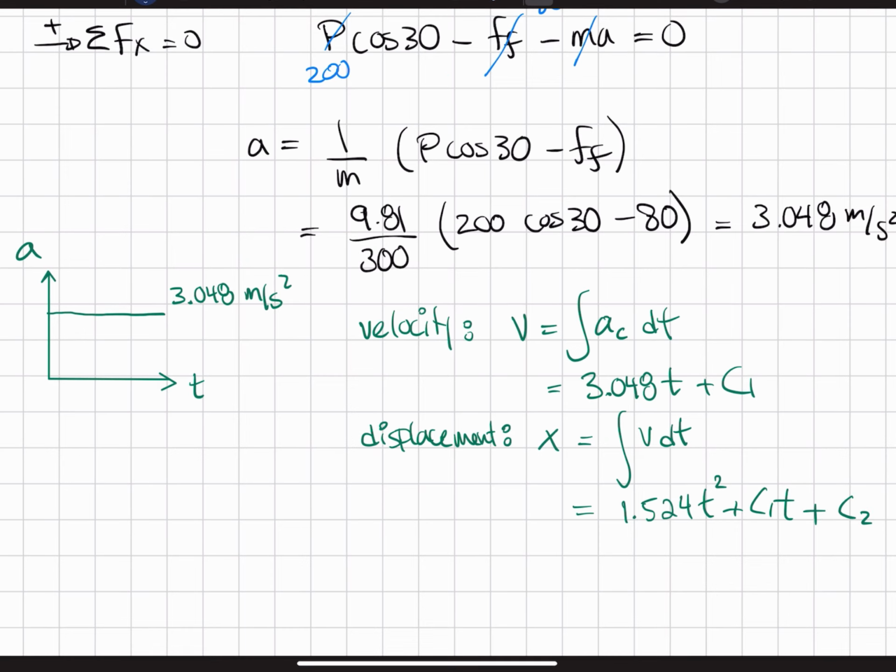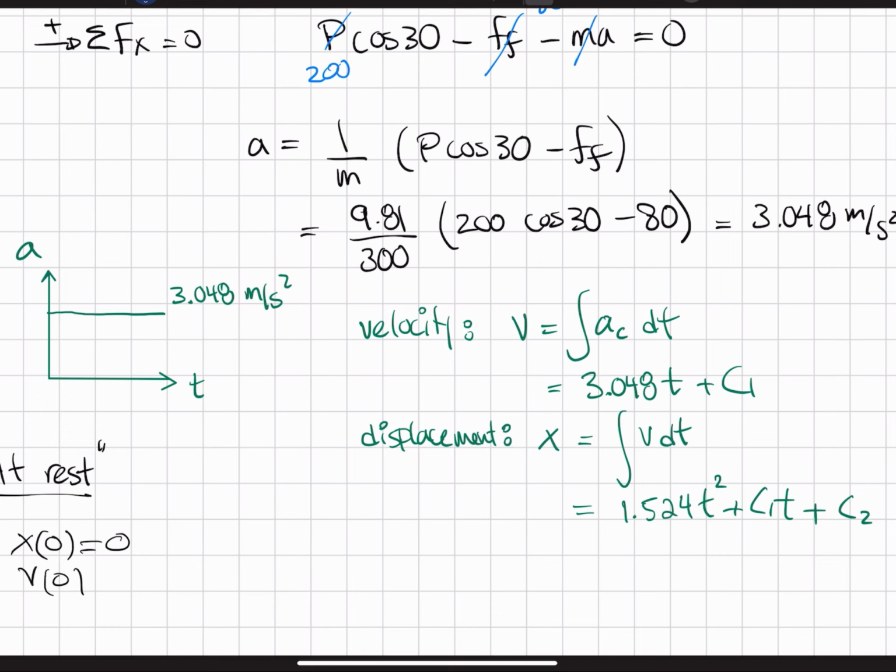And those constants of integration are going to disappear because we have the at rest condition to begin with. At rest means that x naught was 0. So x at time 0 was 0, and v at time 0 was also 0.